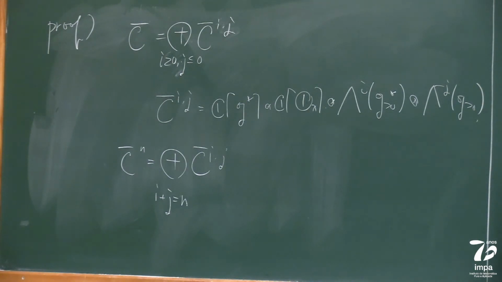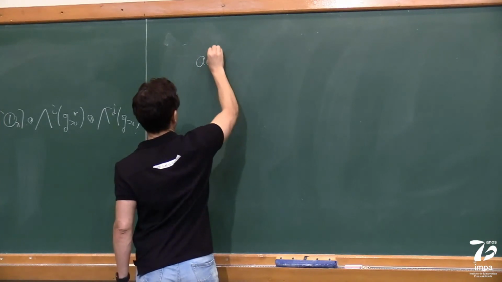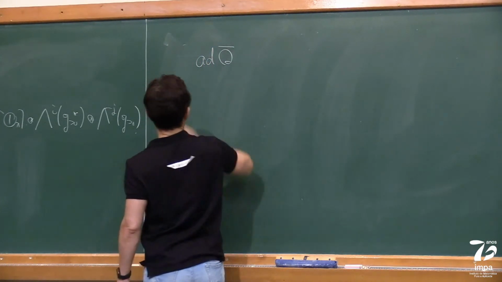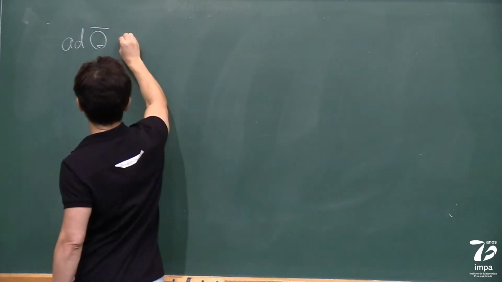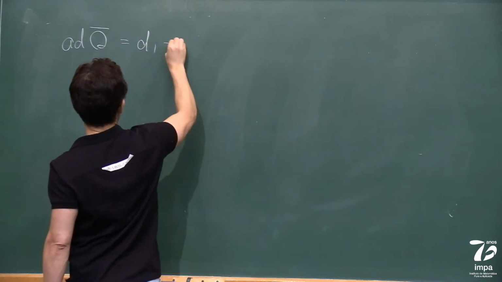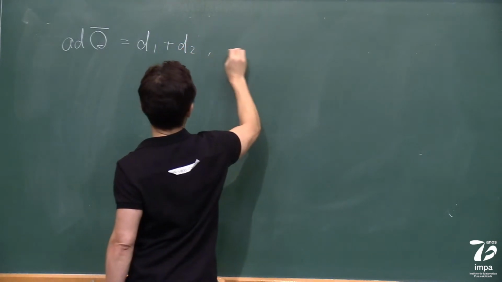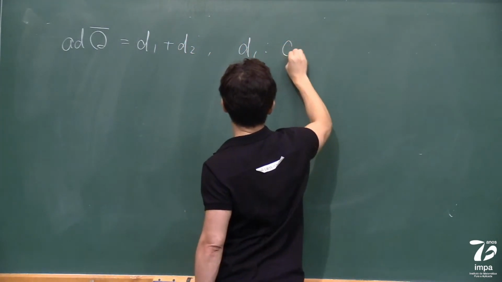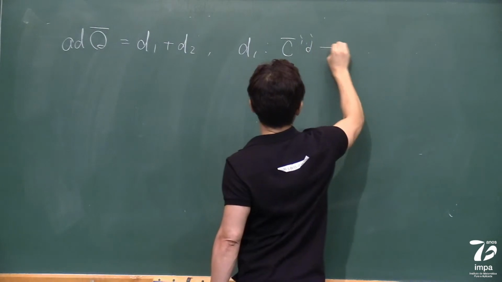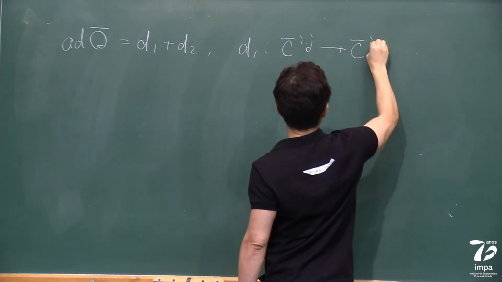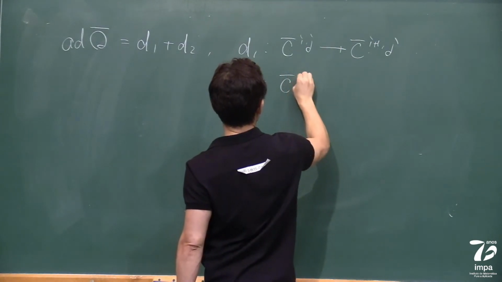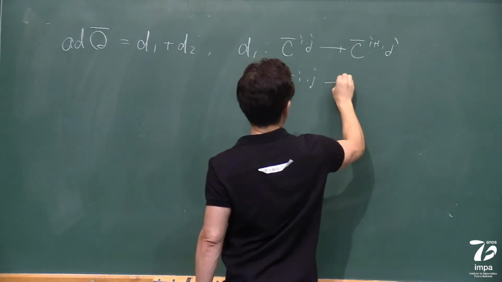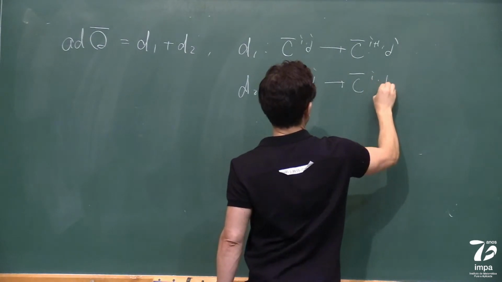Now, if you look at how this adjoint action of this operator acts, you find that this has two components, d1 plus d2, where d1 sends C bar ij to C bar i plus 1 j, and d2 sends C bar ij to C bar i j plus 1.